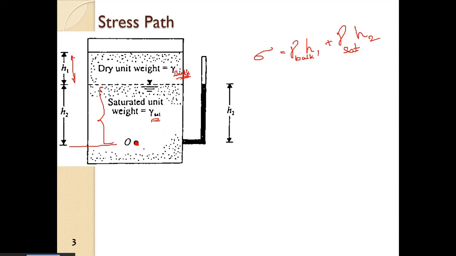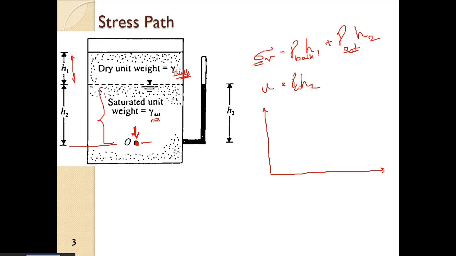Then what is the pore water pressure? So pore water pressure is gamma W into H2. Now if I draw that, here again, so this is sigma V. So this is the vertical stress here.